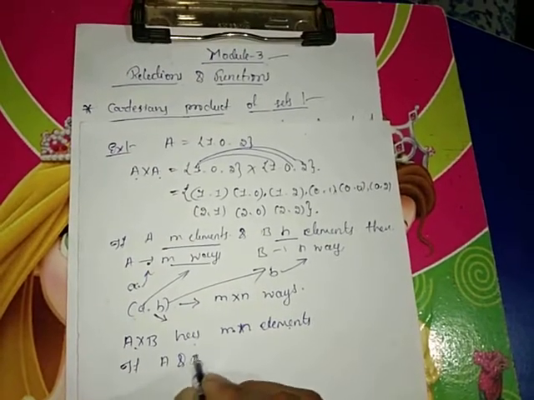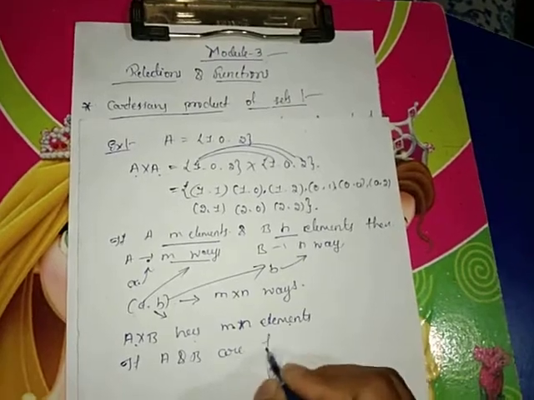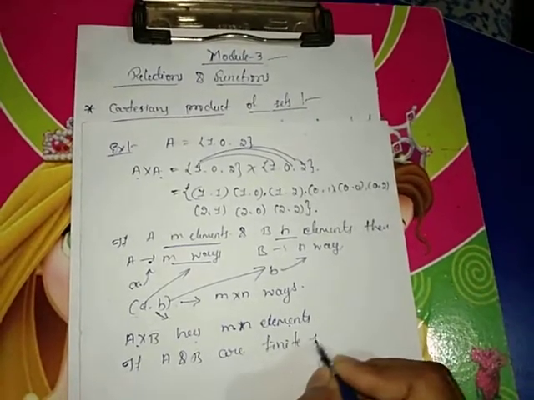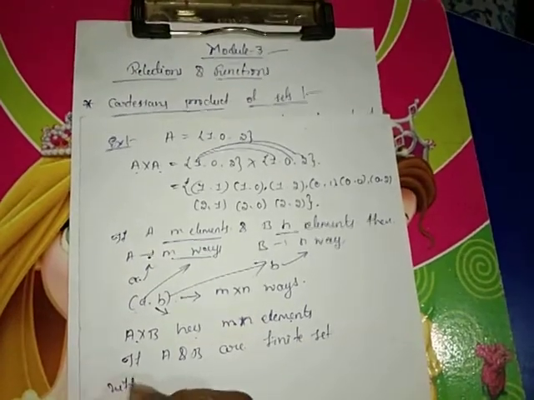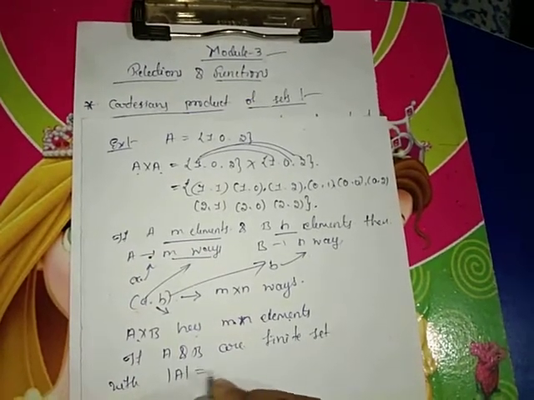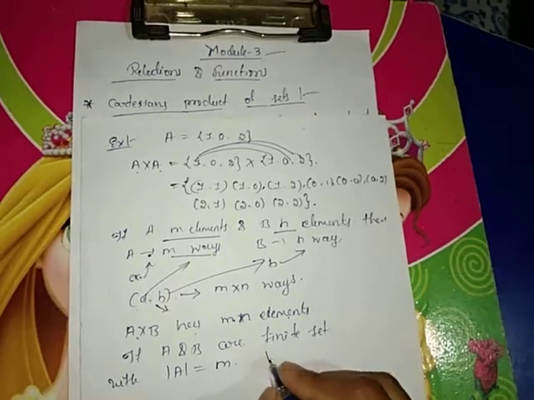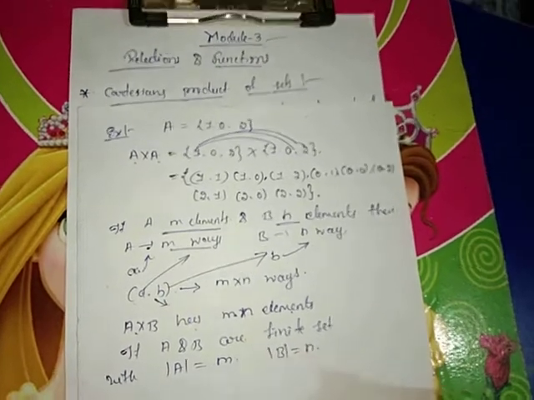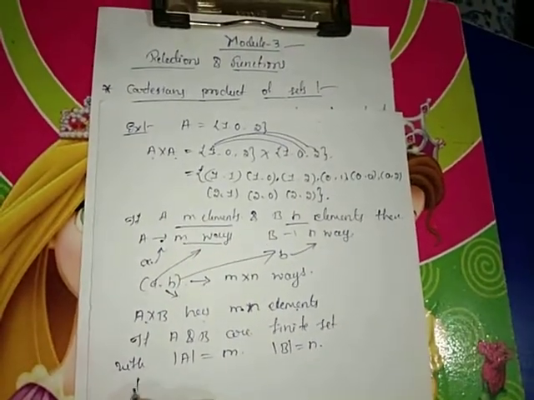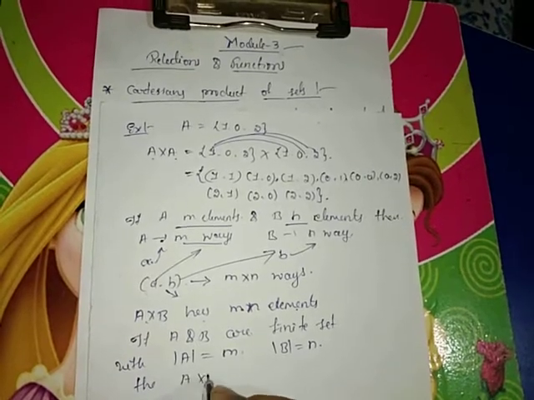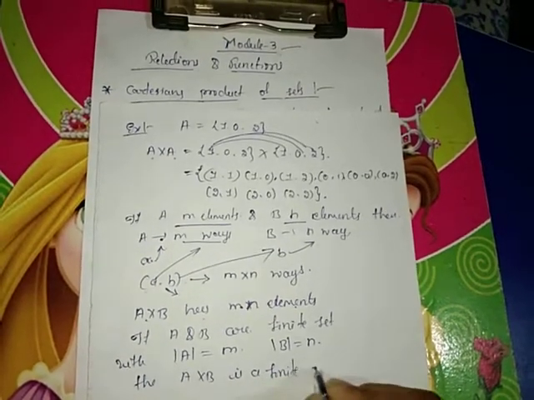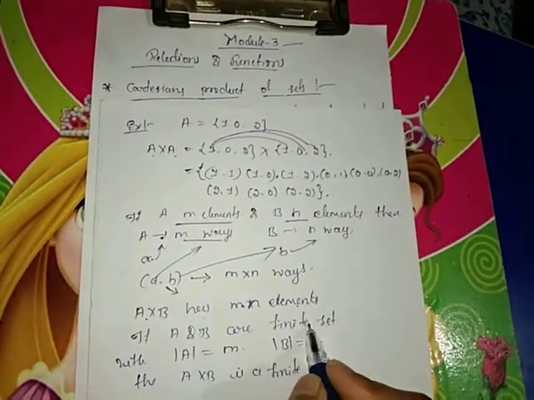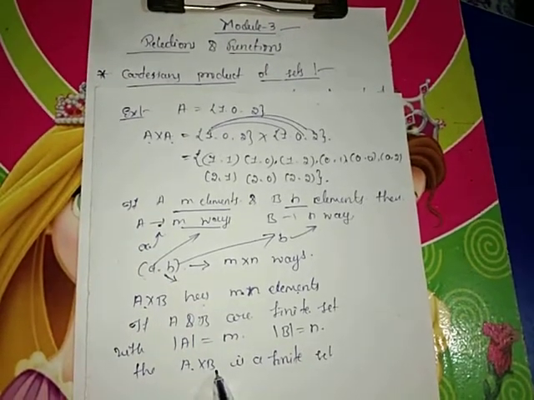If A and B are finite sets with the number of elements of A equal to m, number of elements of B equal to n, then A cross B is also a finite set. If A and B are finite, then A cross B is also finite.